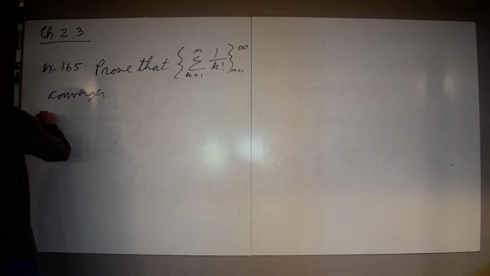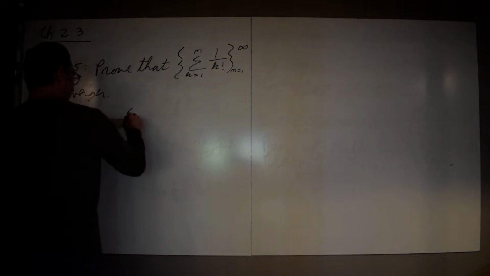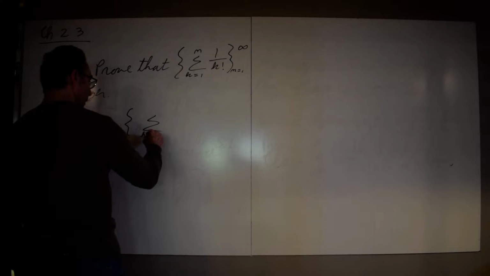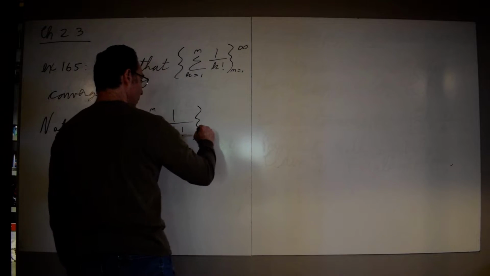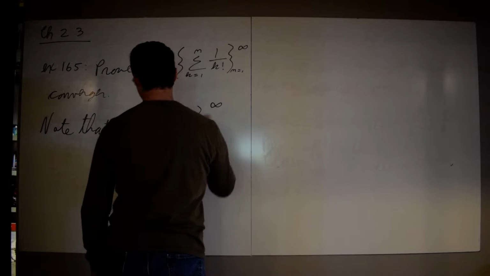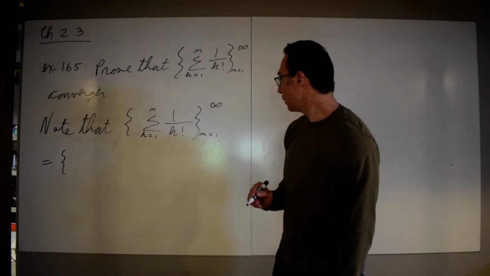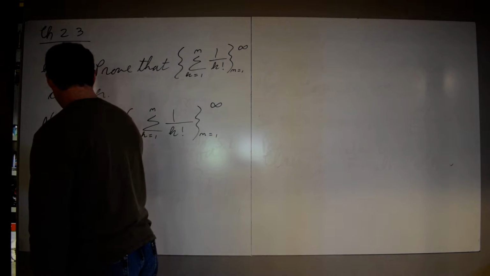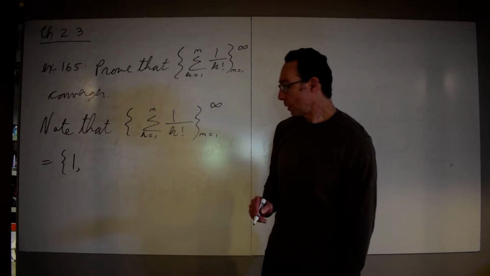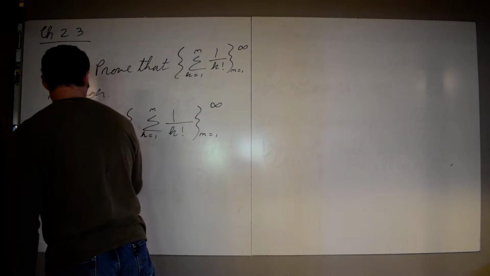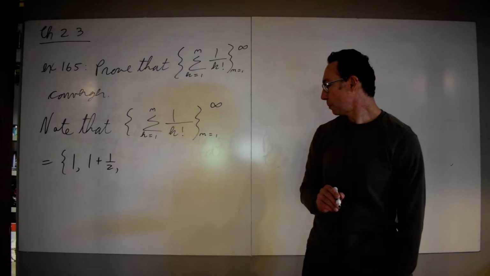So note that the sequence, the sum from k equal 1 to n of 1 over k factorial, n equal 1 to infinity, is equal to what? The first term of our sequence when n is 1 is 1. When n is equal to 2, the second term is 1 plus 1 over 2 factorial, which is 1 plus 1/2.